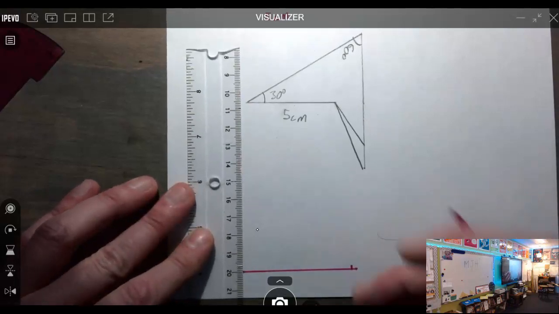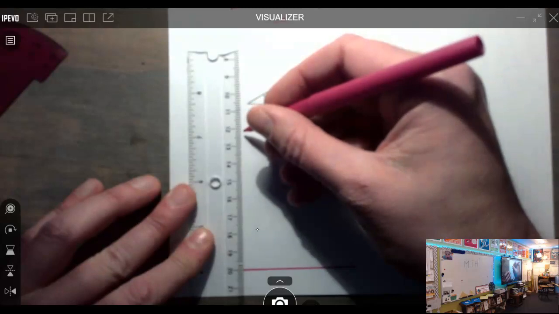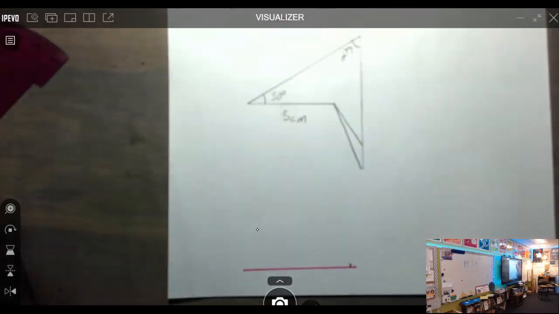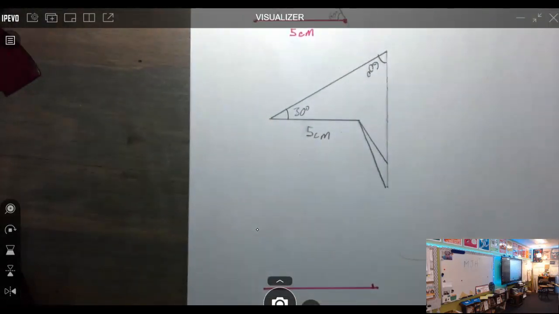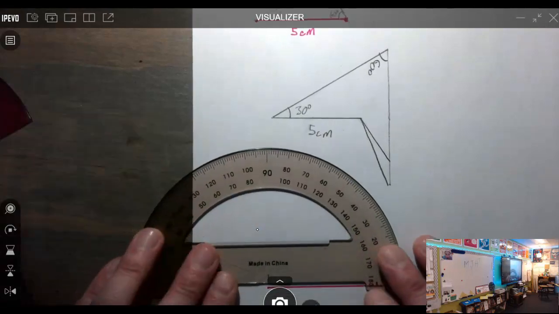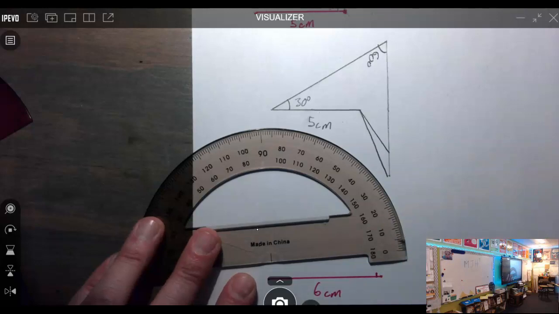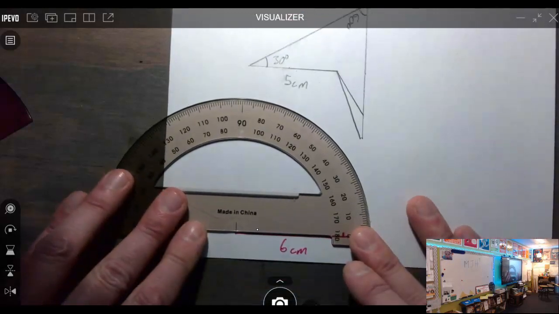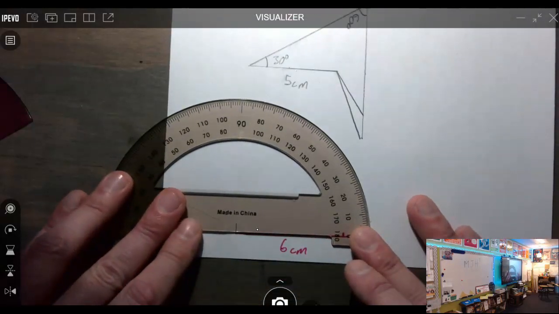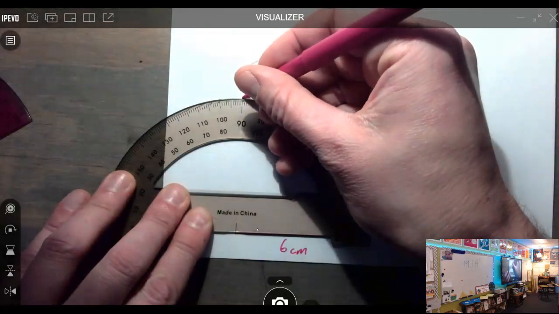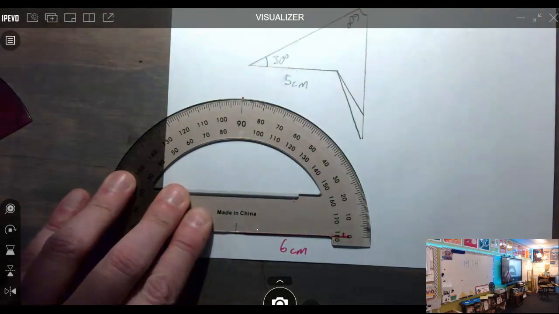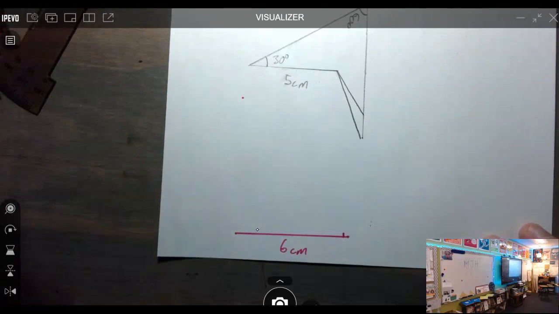So if I want this to be 8, I'm going to make sure I have a 90 degree because otherwise this won't work. So guys, this is my 6 centimeters. I'm going to make certain we're perpendicular by lining that up and marking my 90. Then I'm going to draw my line and then measure it.